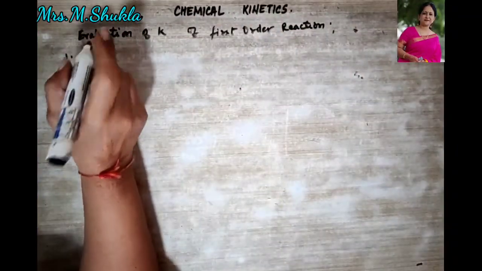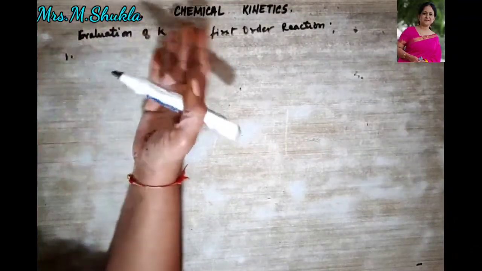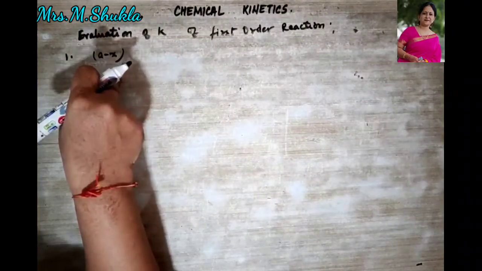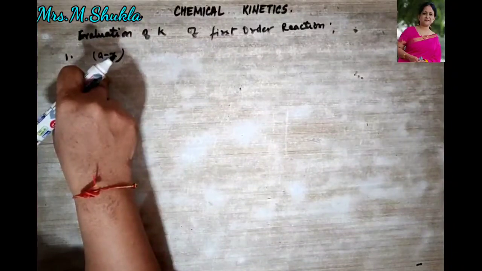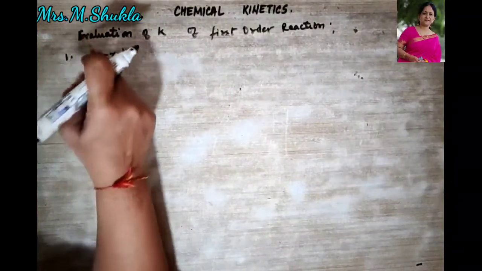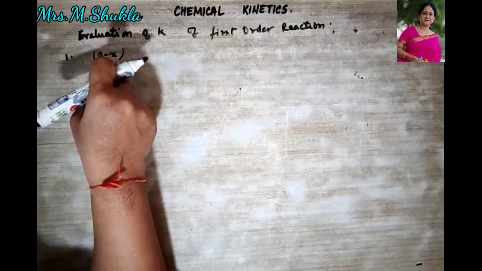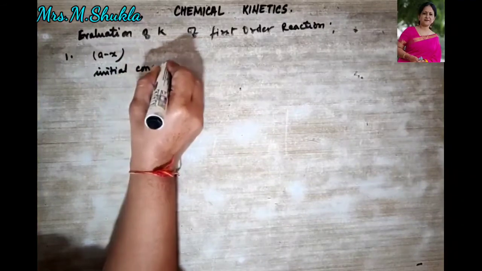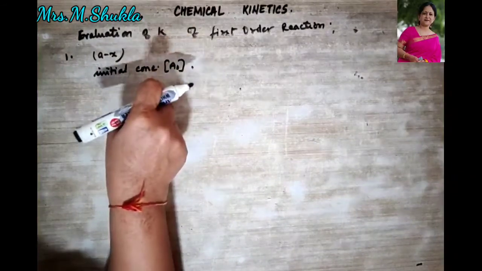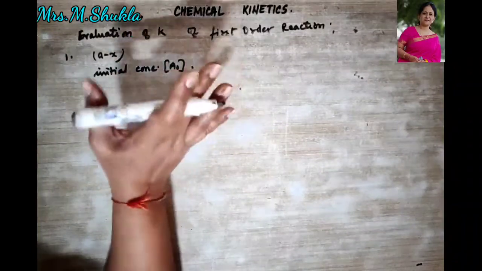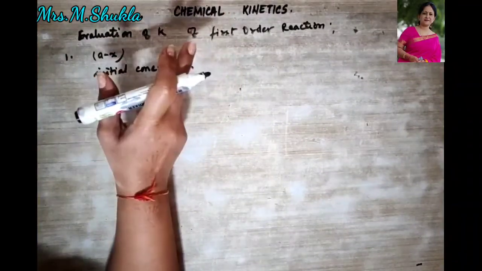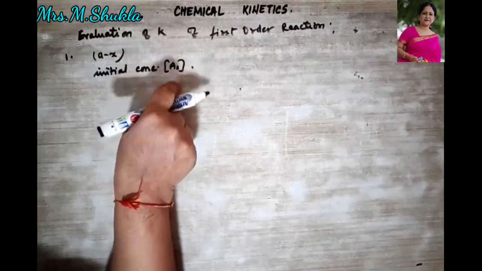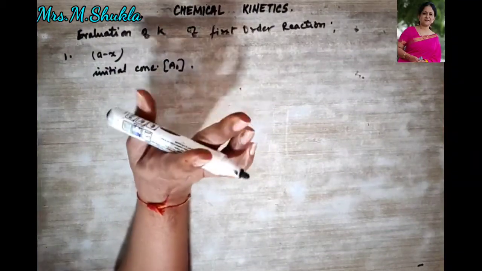The first method is: for different time intervals, if the value of A minus X and the initial concentration of the reactant, that is A naught, are known to you, then the value of K can be calculated. And remember, if the value of K in each case comes out to be constant, then the reaction is said to be of the first order.